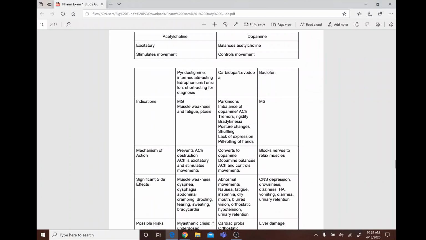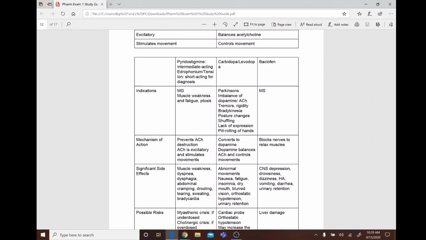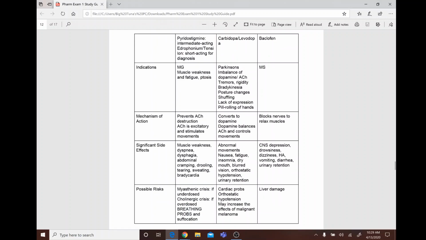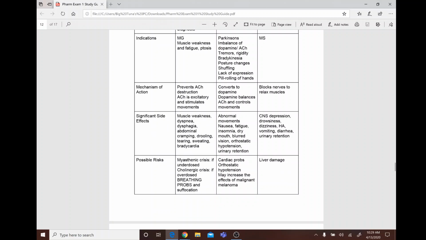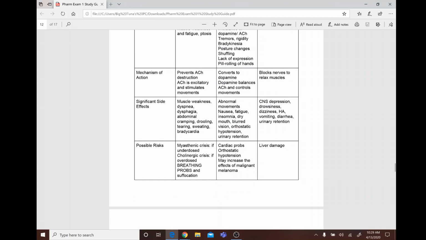All right, carbidopa and levodopa, what is that used for? Parkinson's. What is the mechanism of action of carbidopa and levodopa? Converts to dopamine. What are the significant side effects of carbidopa and levodopa?